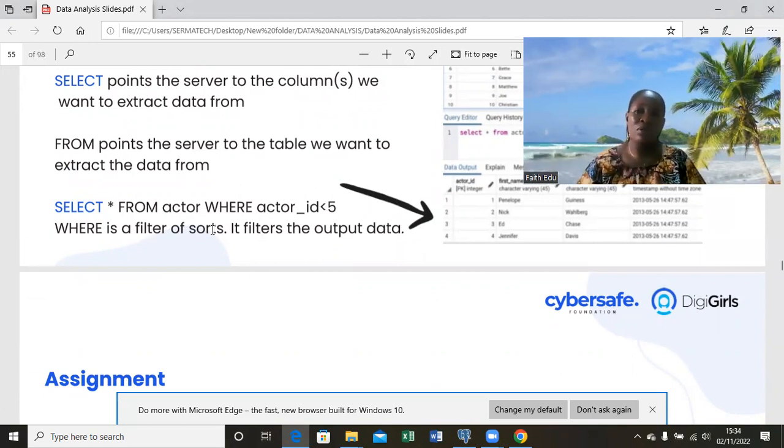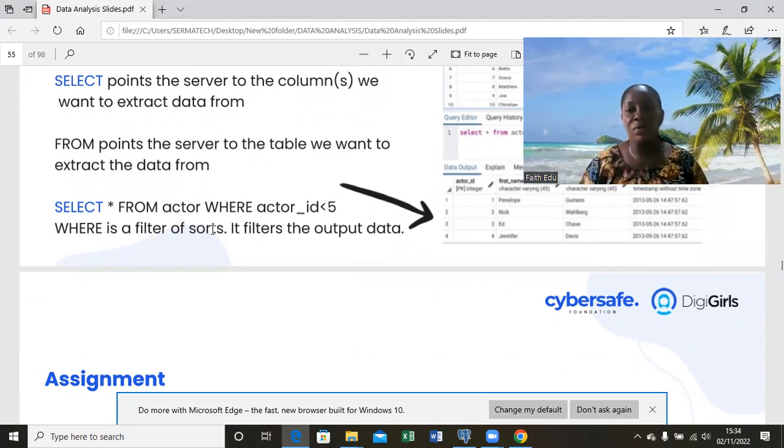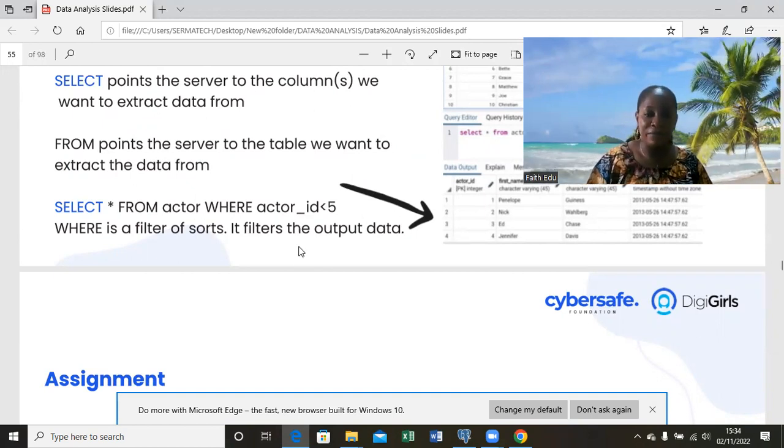You look at the actor table, and you see there are different actors there. So WHERE actor_id is less than 5 will filter out any actor ID that is more than 5 and give you the result. You're not looking at all the actors on the actor table, only actors whose actor ID is less than 5.